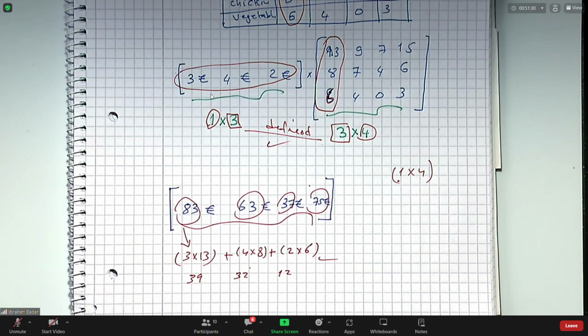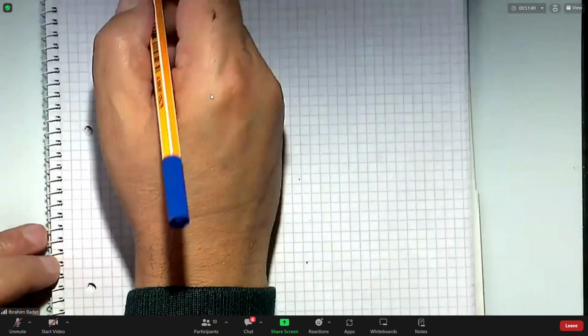So we will do another example later regarding multiplication of matrices, but let me bring in here some notes regarding the product of matrices. Some remarks.